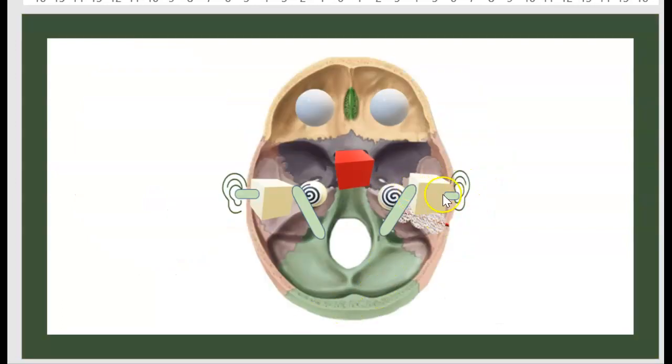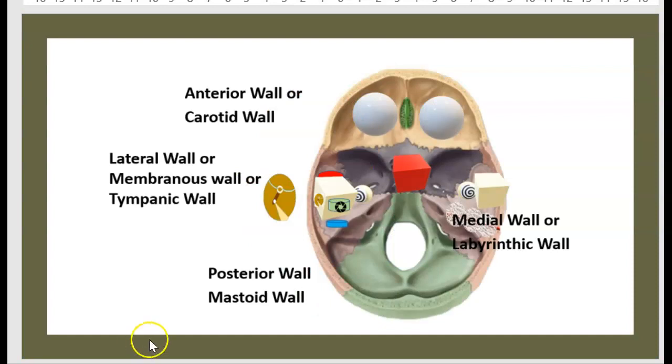Another way to show the middle ear: the anterior wall or carotid wall, the posterior wall or mastoid wall, the lateral wall or membranous wall or tympanic wall, the medial wall or labyrinthic wall.